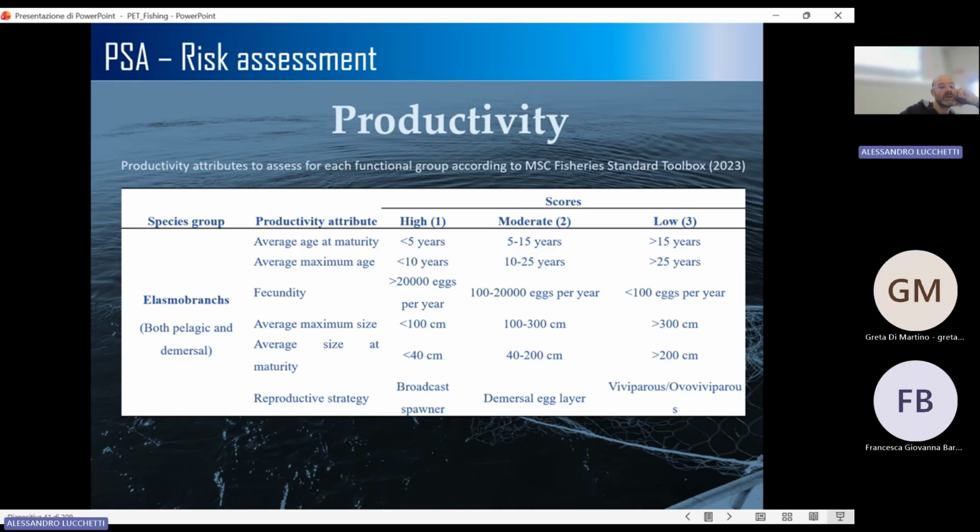Here we have the productivity, and for each attribute, let's say here we are speaking about elasmobranchs. As you can see, the attributes are the average age of maturity, the maximum age, the fecundity, all the life history traits of the species. And according to the level of, let's say, age of maturity, etc., you can assign a different score from 1 to 3, high, moderate, and low.